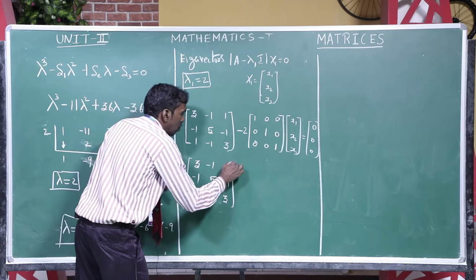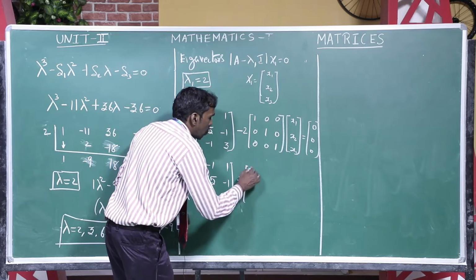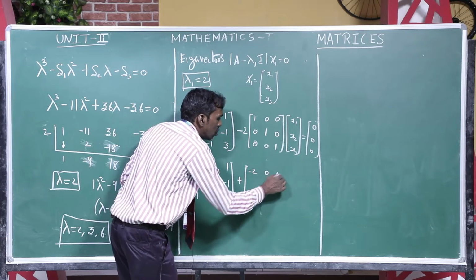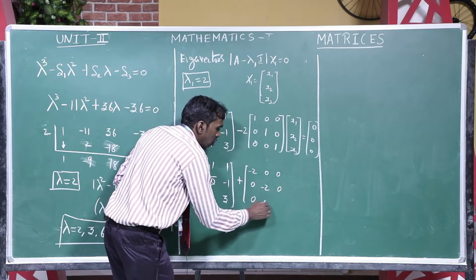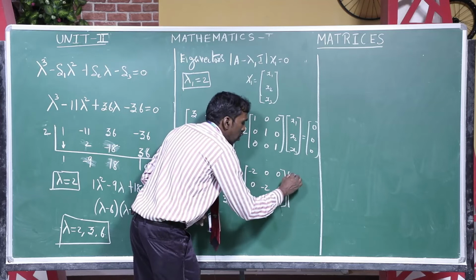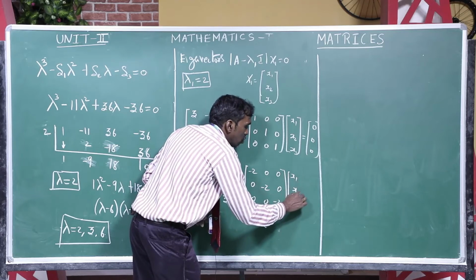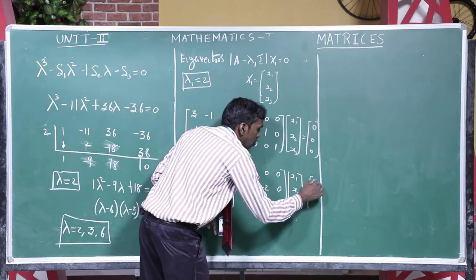I can multiply the minus inside, so I can put a plus sign here. Therefore minus 2, 0, 0; 0, minus 2, 0; 0, 0, minus 2. What will the equation be now? Small x1, small x2, small x3 equal to 0.